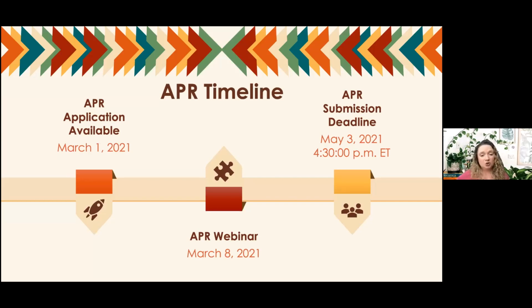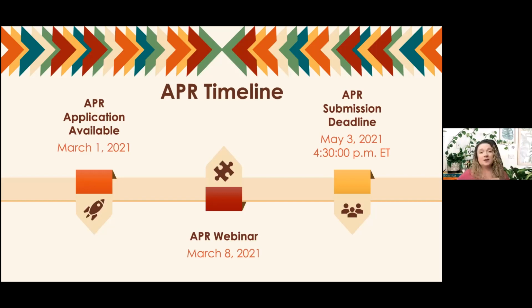Let me stress though, if you wait until May 3rd to submit your APR, you will probably not be very happy. You're not the only ones submitting APRs on May 3rd. All the ACE grantees are trying to submit their APRs that day. All the NYCP grantees, all the NOLAD grantees, as well as any number of other Department of Ed grants are trying to do it that same day.